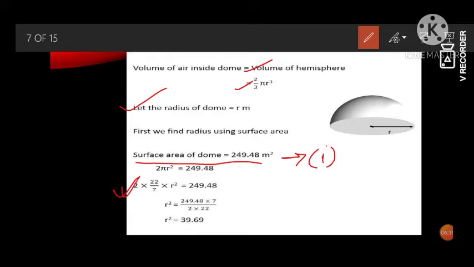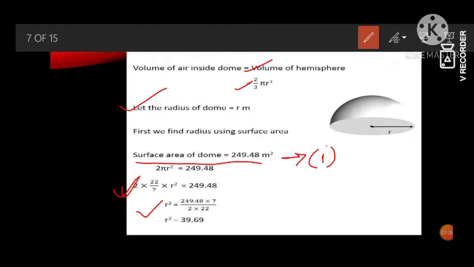So 2 into 22 by 7 into r square is equals to 249.48. Subjecting r square, the rest of the left hand side will be transposed to the right hand side, and we will get 249.48 into 7 by 2 into 22.